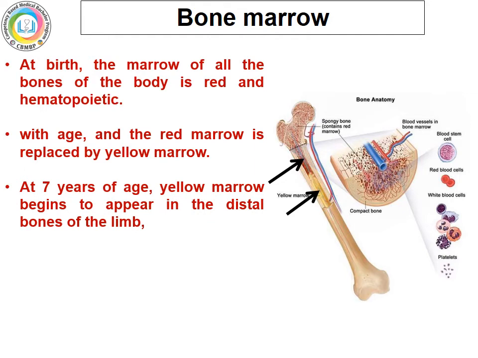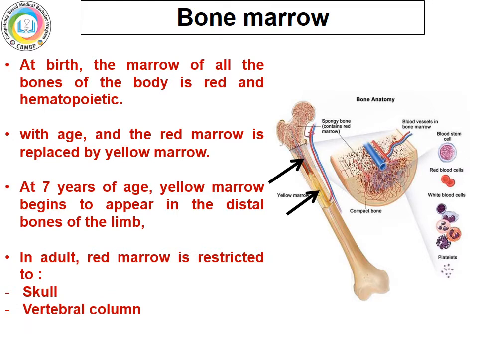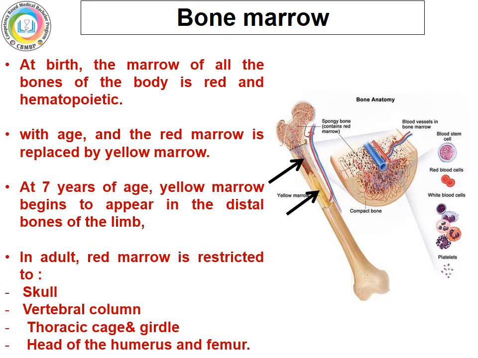At the age of 7, yellow marrow begins to appear in the distal bones of the limb. But in the adult, red bone marrow becomes restricted to number 1, skull, number 2, vertebral column, number 3, thoracic cage and girdle, number 4, the head of humerus and femur. All the other bones of the limbs contain yellow bone marrow.